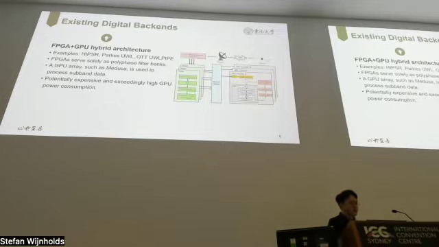For the first category, some examples are HiPSR, PAX UWL, and QTT UWL pipe. In this architecture, FPGA serves solely as polyphase filter banks, and we need a GPU array such as the Medusa to process the subband data. This architecture is potentially expensive and has high power consumption.